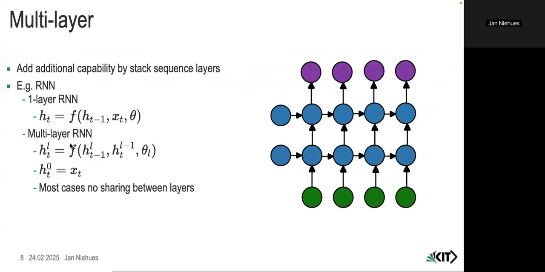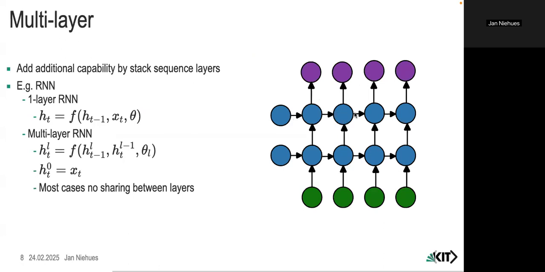In an RNN now, you just replace the input by the previous layer. So in layer L now, the hidden state depends not on the input, but it depends on the previous hidden state in the same layer plus the current hidden state in the previous layer, and then your parameters.